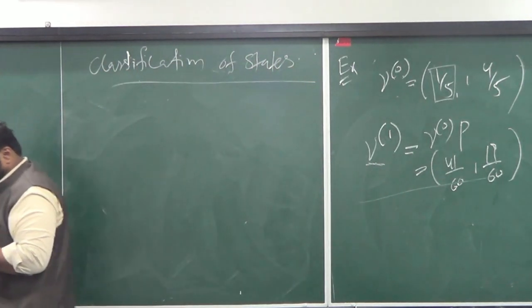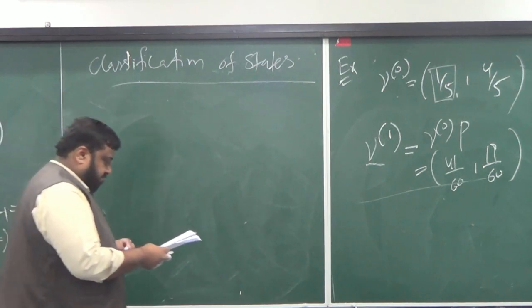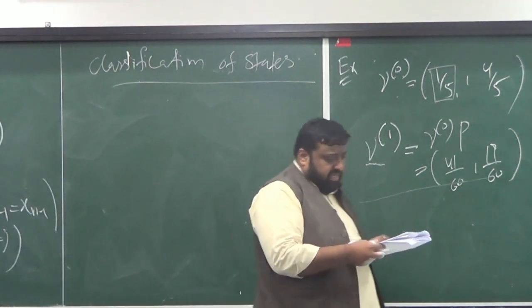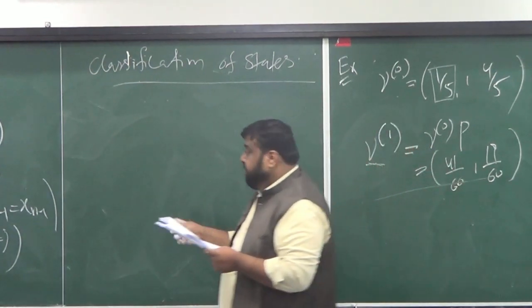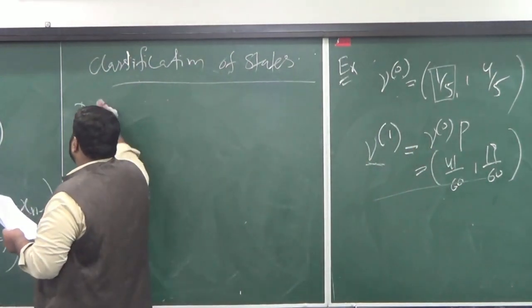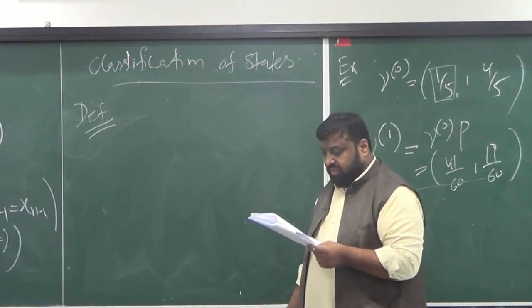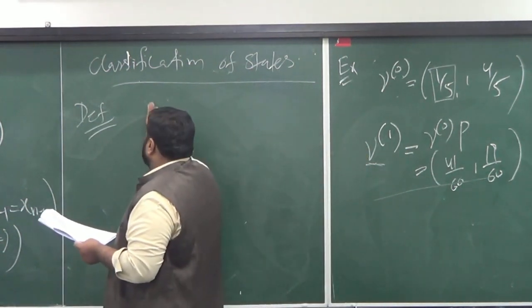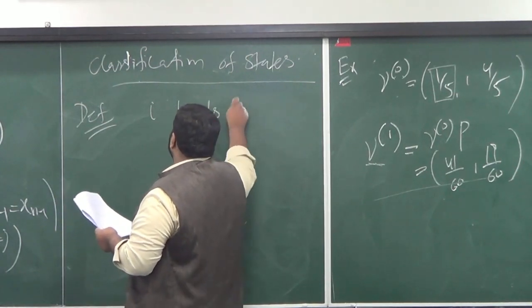You can even classify the states based on probabilities. So here's a definition. I would say the state I leads to J.